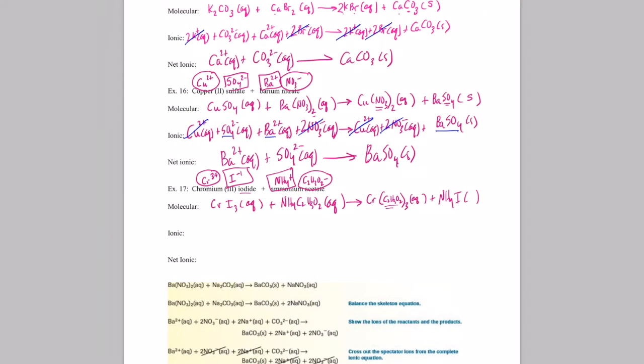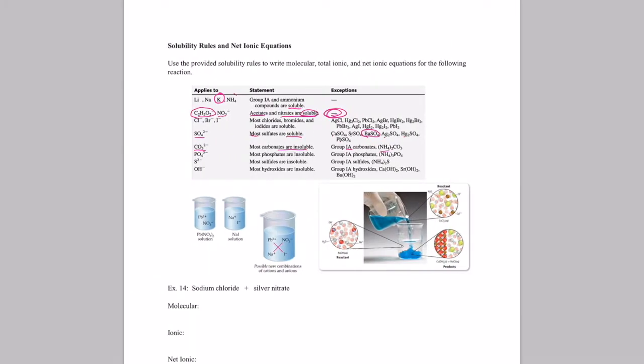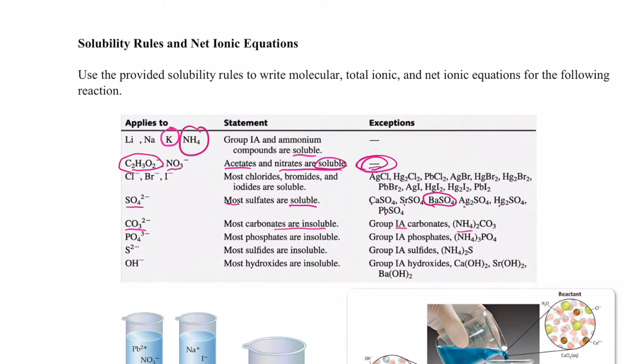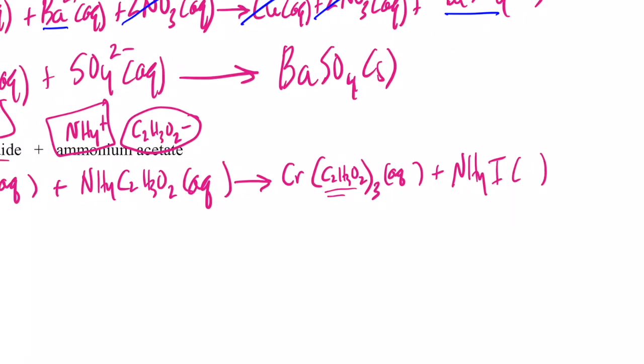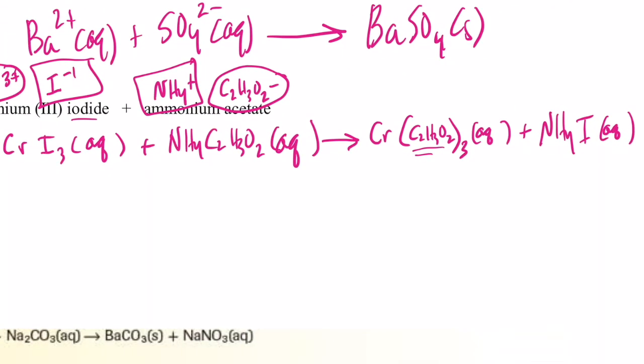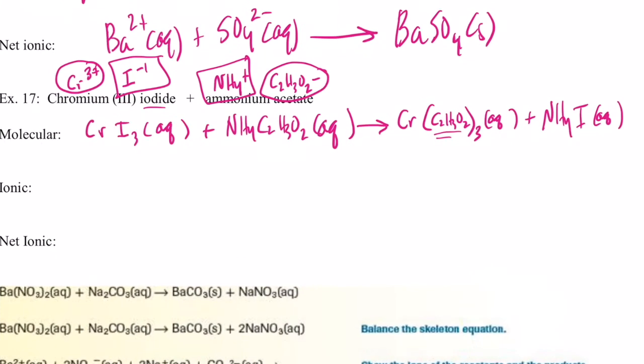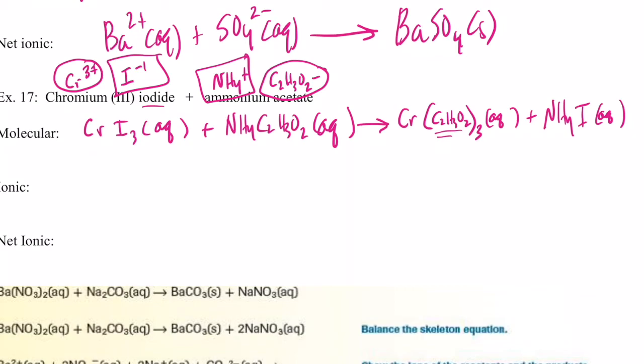Let's look up our rule for ammonium here. And ammonium, right there, so the positive sign's missing. They are soluble and also no exceptions. So that one also will dissolve in water, (aq). Alrighty, so let's go ahead and write our ionic equation. Oh, let's balance it first.